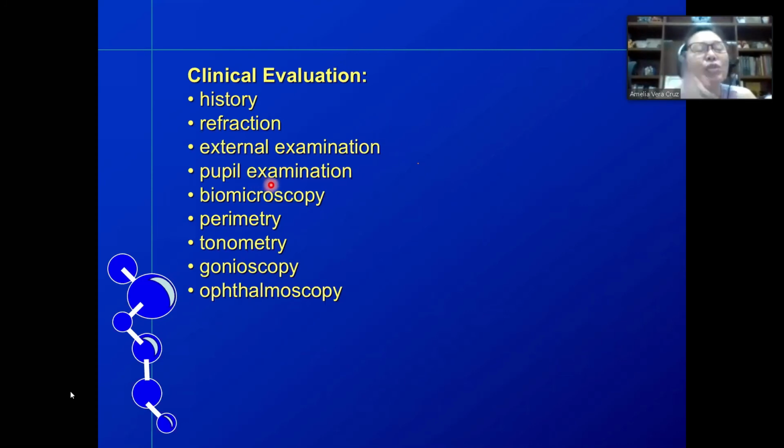Myopes, open angle glaucoma; hyperopes, because they have short eyeball, prone to angle closure glaucoma. Now, the external examination of the eye, the lids, the brows, you examine from outwards, inwards. The pupil examination, biomicroscopy, perimetry, tonometry, gonioscopy, the ophthalmoscopy, then the OCT na.